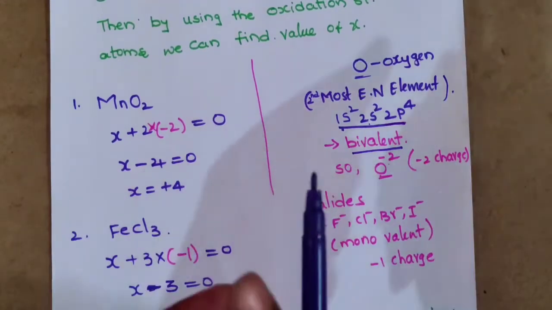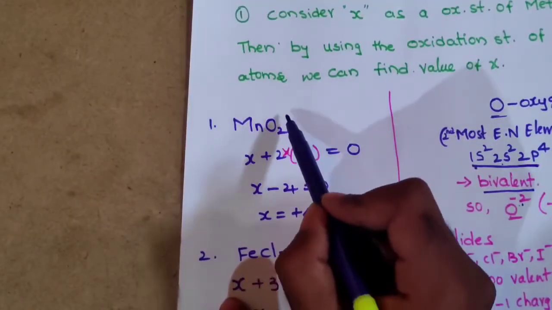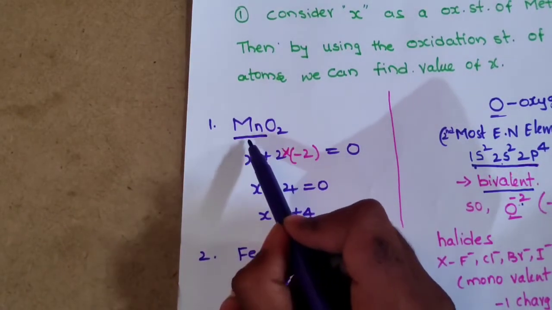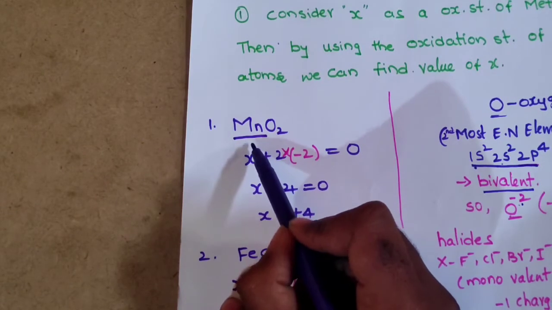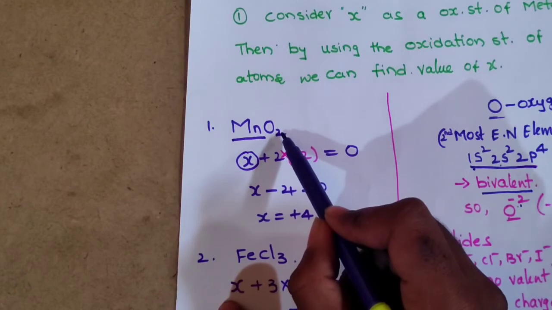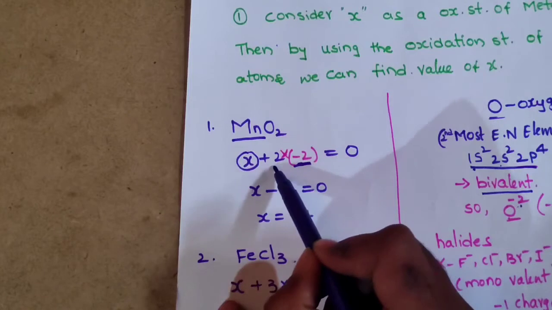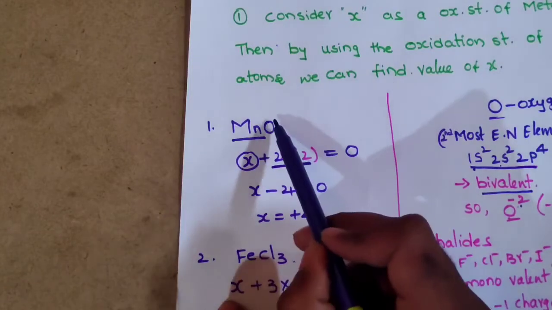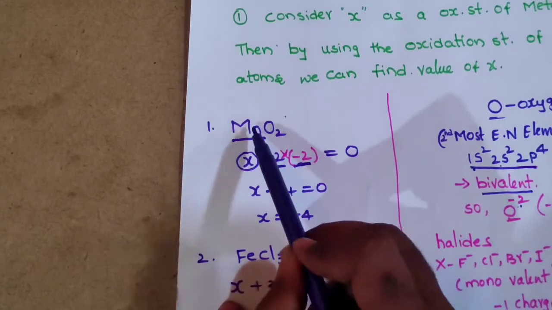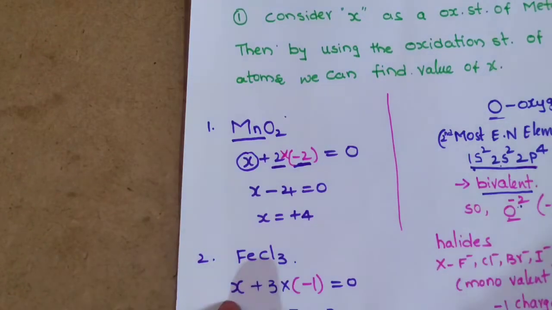So one oxygen has a -2 charge, and here we have two oxygen atoms. So the oxidation state with respect to manganese we consider as X, and with respect to one oxygen it is -2. We have two oxygen atoms, and this overall compound is a neutral one because there is no charge present overall, so we have to equate to 0.